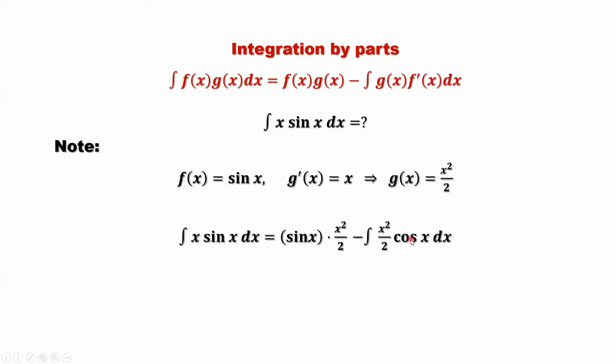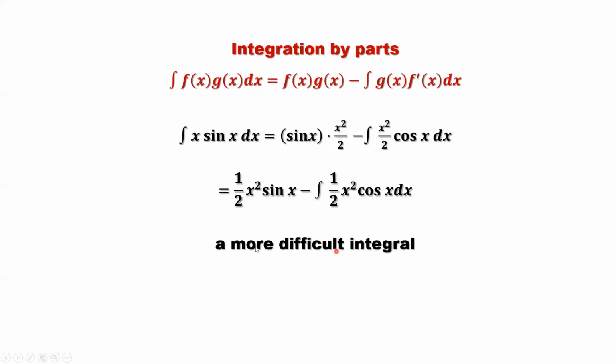Here, cosine and sine are similar, but here x squared over 2, here's x. It's more difficult. So the purpose of using the integration by parts method is to simplify the original question to help us find the result efficiently. It is not to make the original problem more complicated. If we do this way, you will see that this is more complicated.